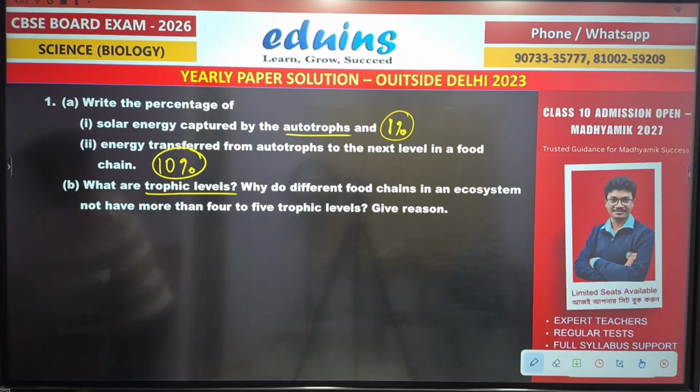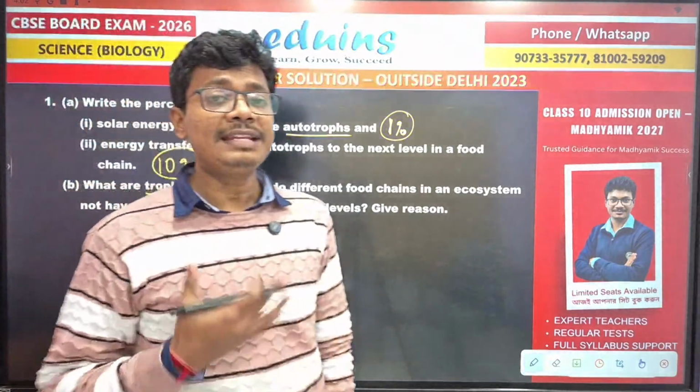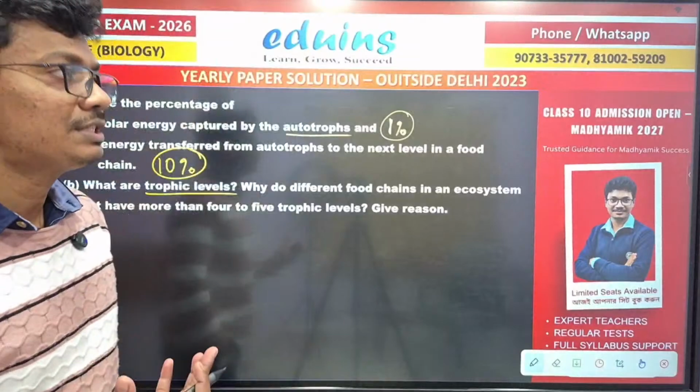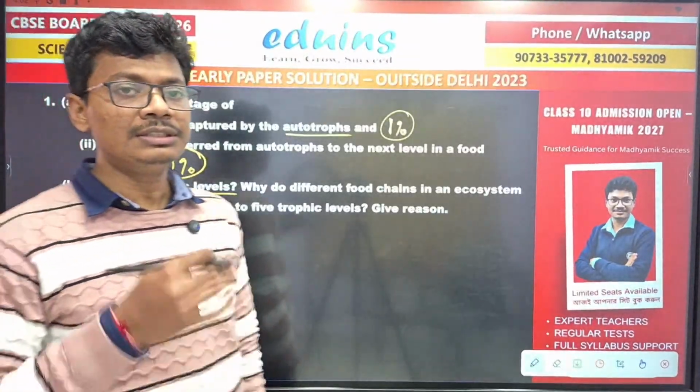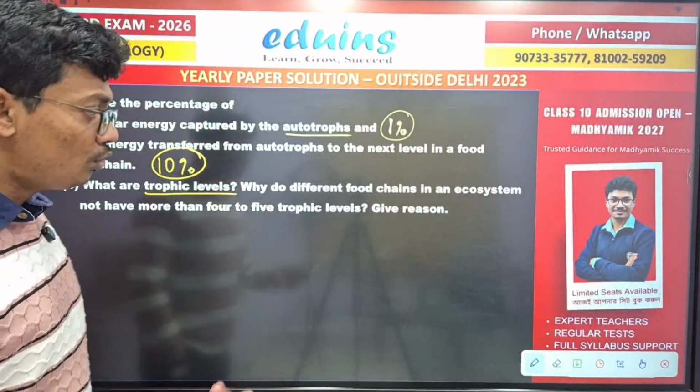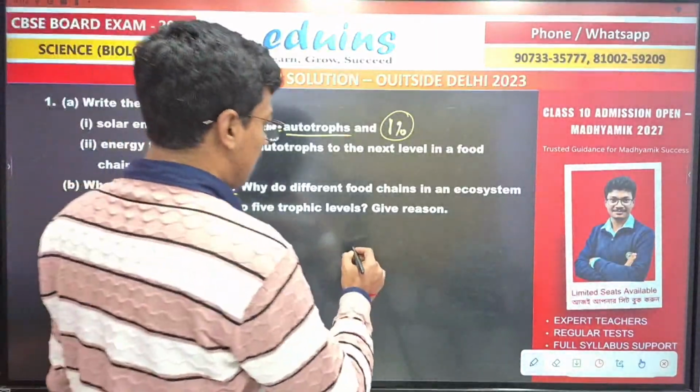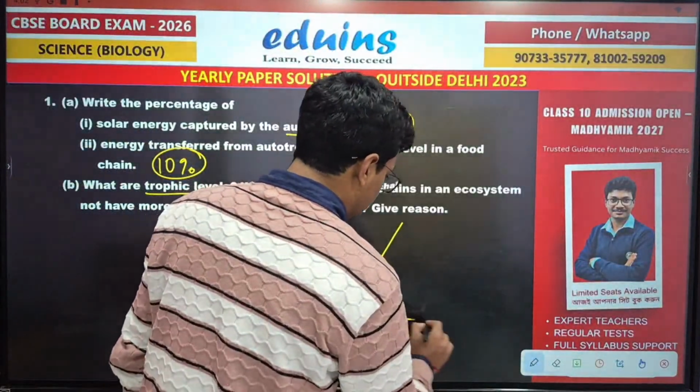Okay, चलिए. Trophic levels are the different or various steps of an ecological pyramid or the ecological food chain. How? Like this is an ecological pyramid.